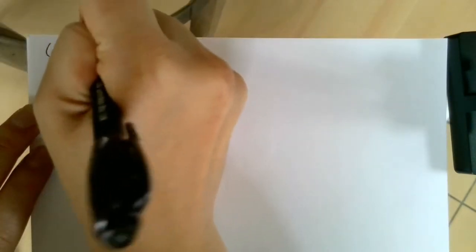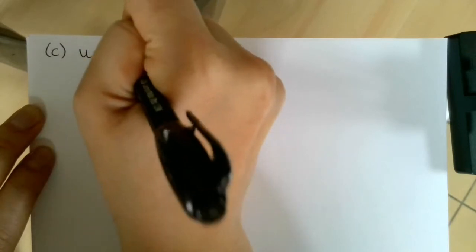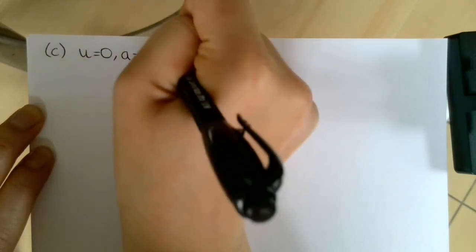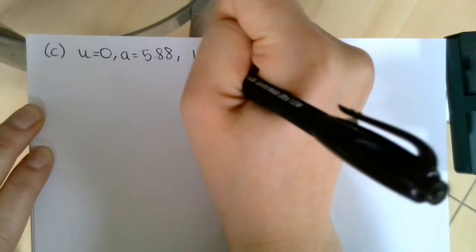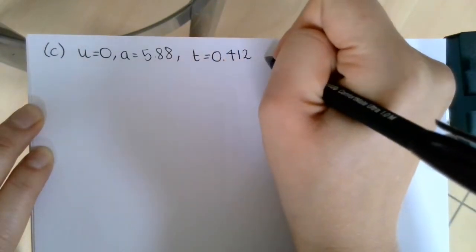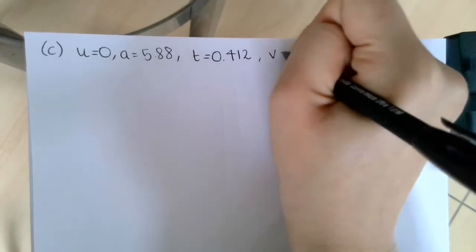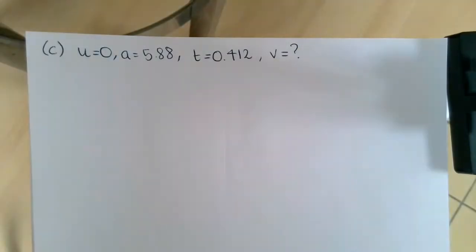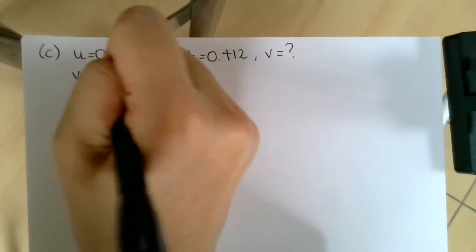For the speed of B when it hits the ground, we've got U equals 0, A equals 5.88. We've just found out that T equals 0.412 and V is what we want to find out, the speed as it hits the ground. So V equals U plus AT.